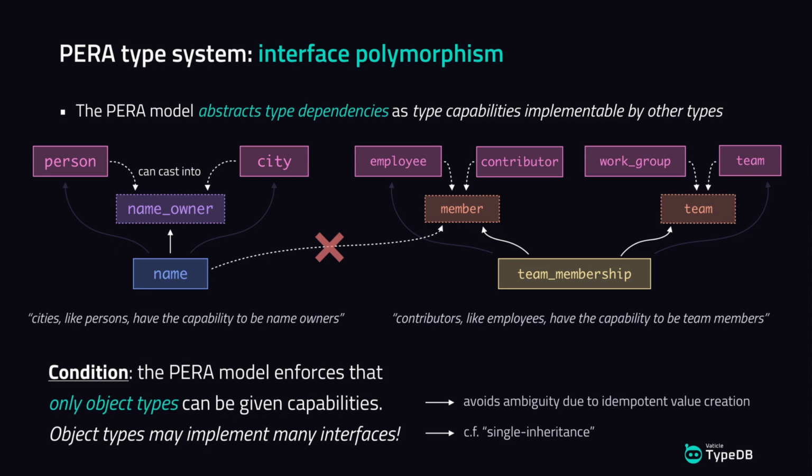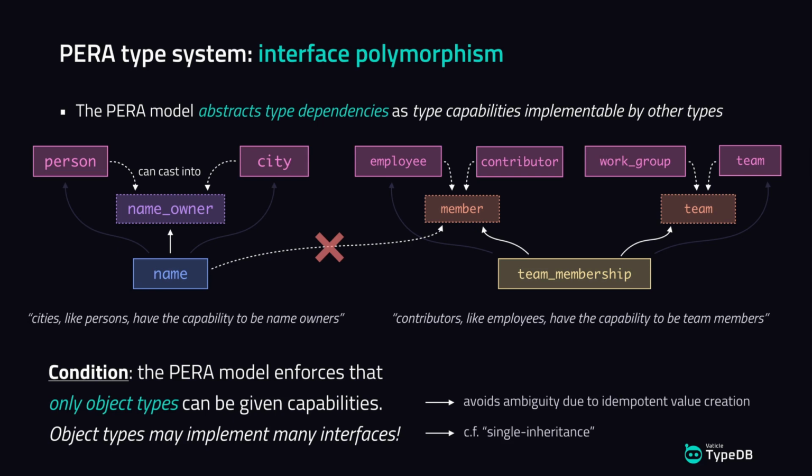This condition too is very reasonable to enforce. It avoids ambiguity that could otherwise arise due to the idempotency of value creation, meaning that if you create a value and then create it later on again, the second operation will not do anything because the two values are the same.